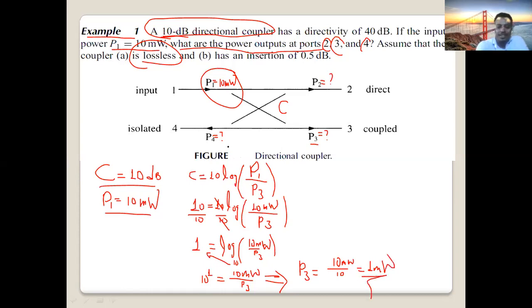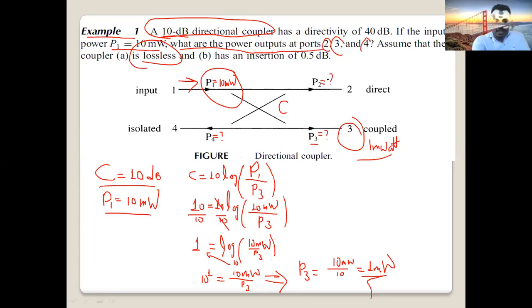So if you apply 10 milliwatt input power at port 1, how much power goes to port 3? Only 1 milliwatt goes to port number 3, coupled, transferred, sampled from the main line to the coupled line.